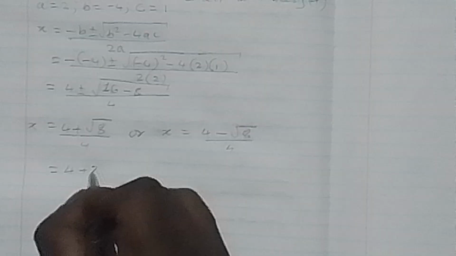2,828. This means that it's 2,83. You're rounding off. Then you say it's plus 2,83 divided by 4, or x is equals to 4 minus 2,83 divided by 4.